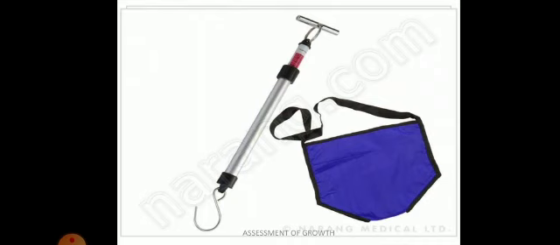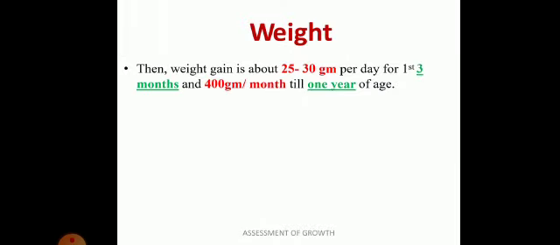When you go to the pediatric OPD, you will find a pediatric weight scale. If you put the child in a lying position, it will measure the weight. Clear? Either you can use this type of material or the pediatric weight scale. Our routine weighing scale will not be useful.